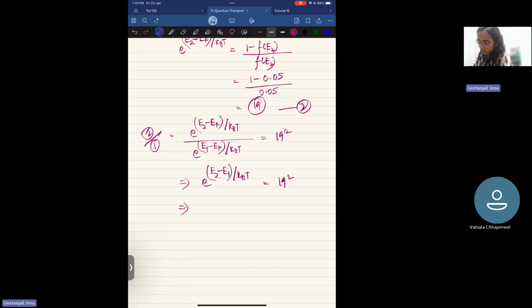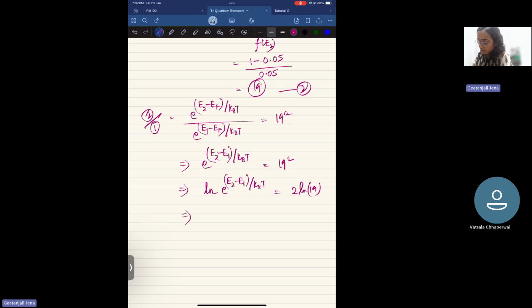Now we can take the ln on both sides. This will give 2 ln 19.